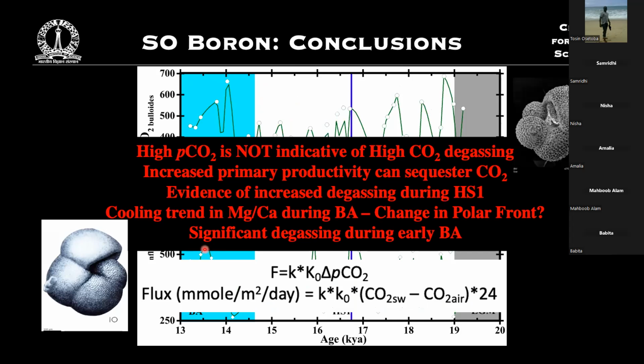Firstly, high pCO2 in the mixed layer is not indicative of high CO2 degassing, because much of the CO2 can be sequestered back as organic matter into the ocean system. Now, we do find consistent evidence for increased degassing during Heinrich stadial 1 for both surface and mixed layer species. And the cooling trend in magnesium-calcium space for Bølling-Allerød is ubiquitous for both inflata and bolloides.